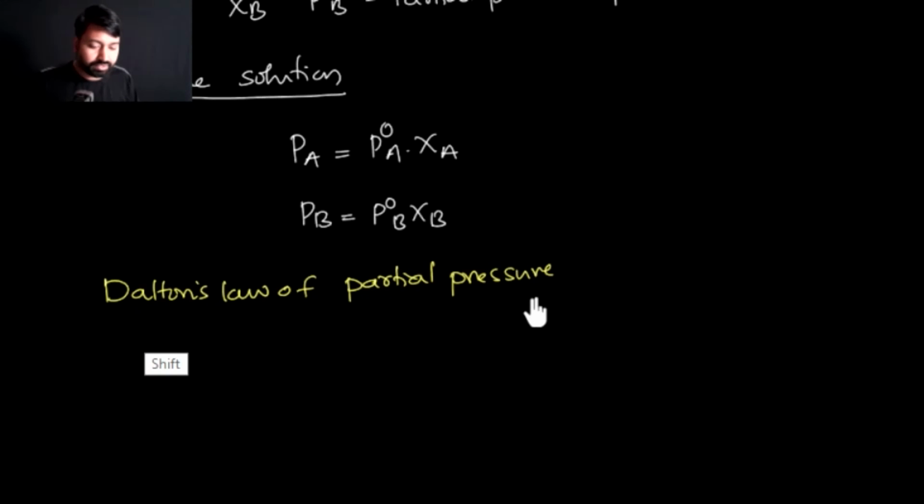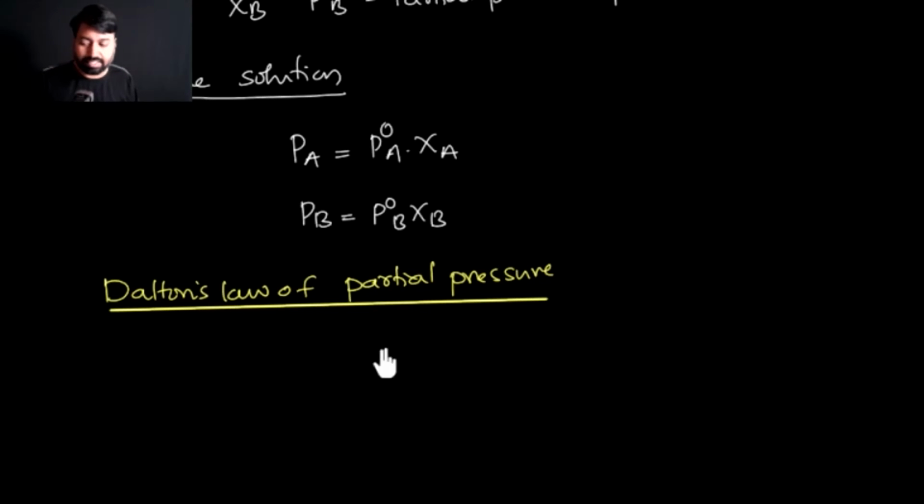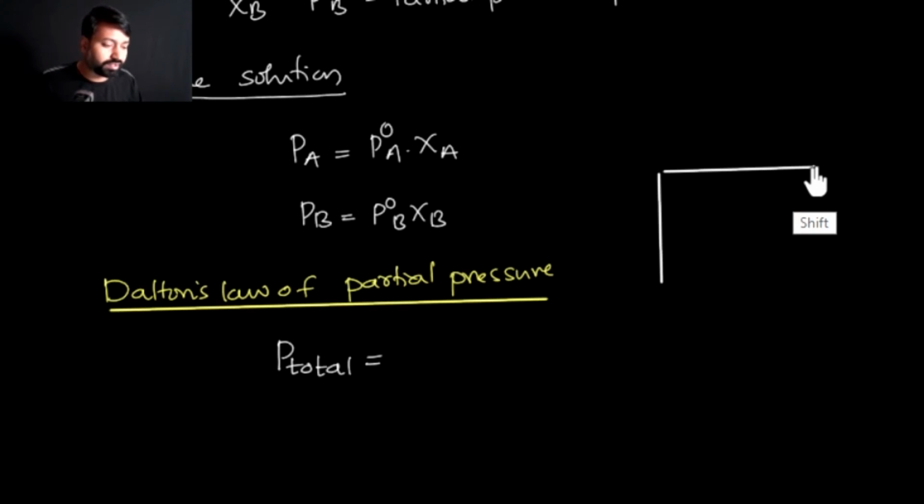What the law says is that the total pressure P total equals the sum of the partial pressures. Assume there is a container; let me draw one to visualize this. There are a minimum of two components.